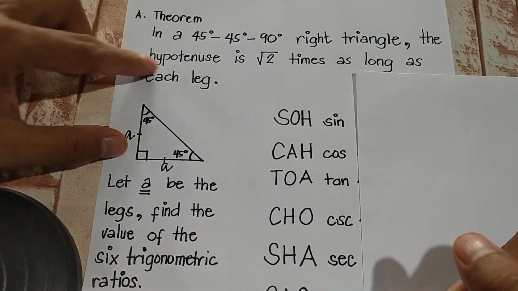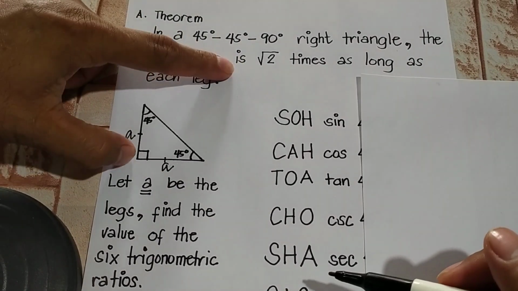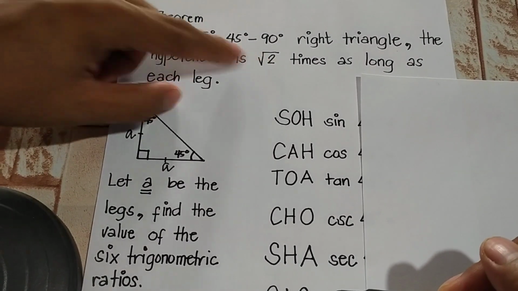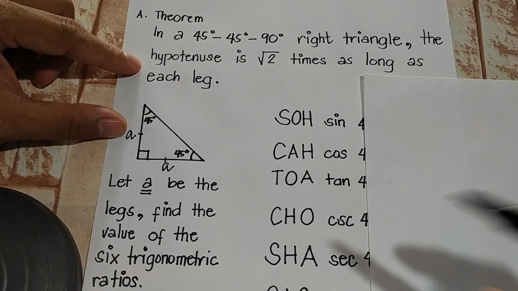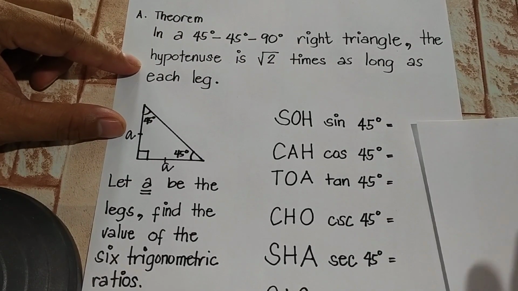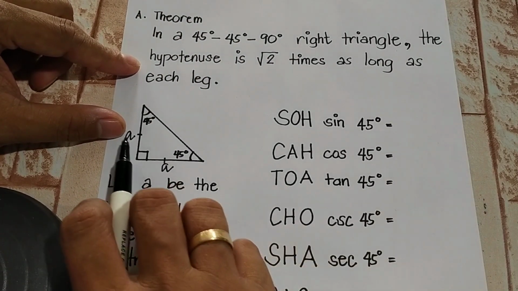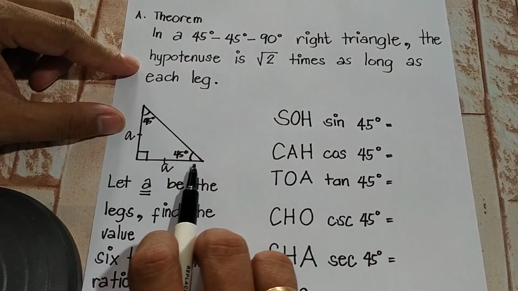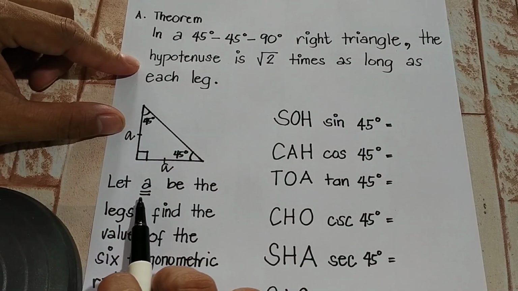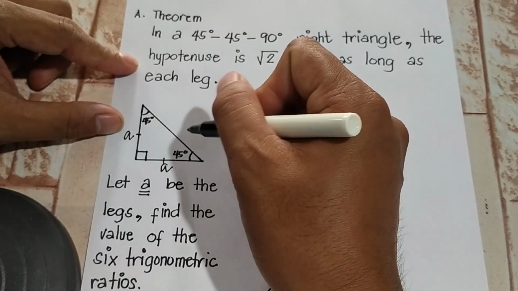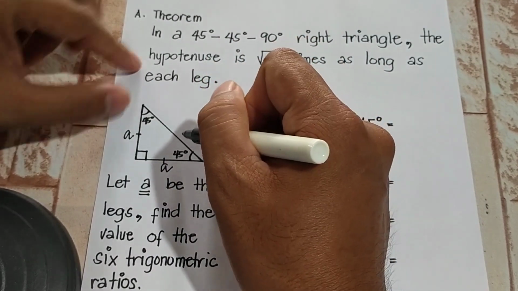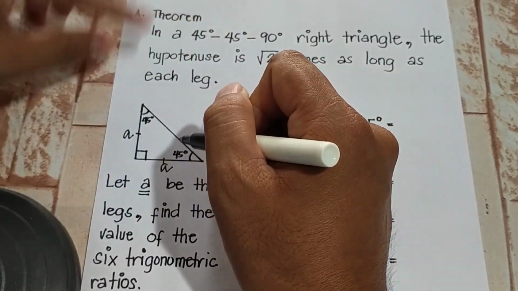Going back to the theorem, it says once again that the hypotenuse is square root of 2 times as long as each leg. Since we know that these legs are A, the hypotenuse is square root of 2 times as long as each leg.